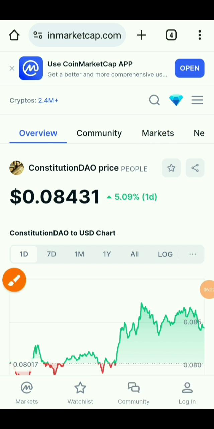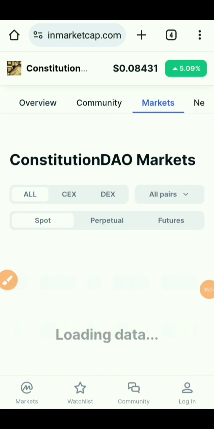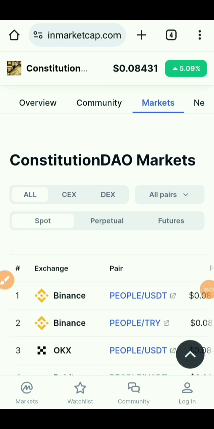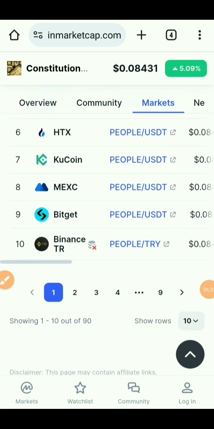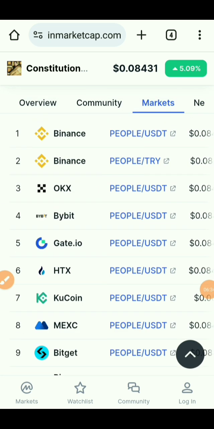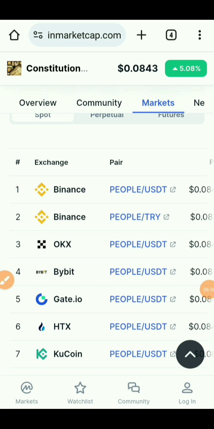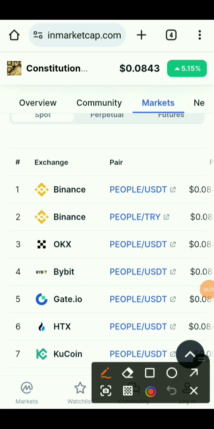It is going to show us the prices at which it is being sold on major exchanges, and Binance is the first to appear on the list because it is one of the biggest cryptocurrency exchanges in the world, and it has more liquidity compared to other exchanges when it comes to this token. So this is the PEOPLE/USDT right here.